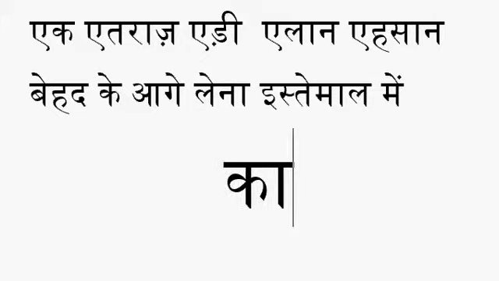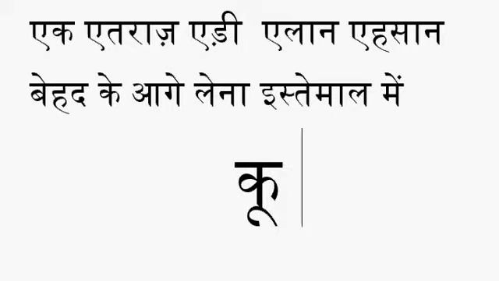And then we've looked at Ku, Koo. Obviously, you cannot add a vowel diacritic to a regular independent vowel. So you cannot add an E to this as a diacritic, or oo or anything like that. Sometimes people don't get that right away, so I just wanted to point that out.